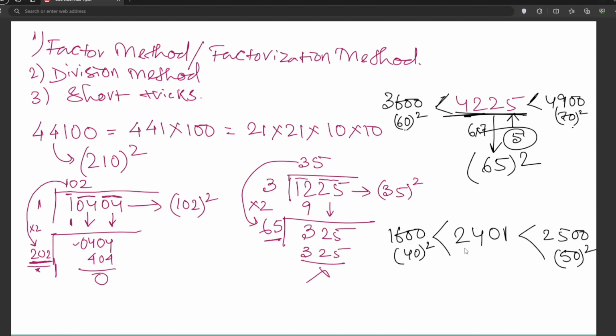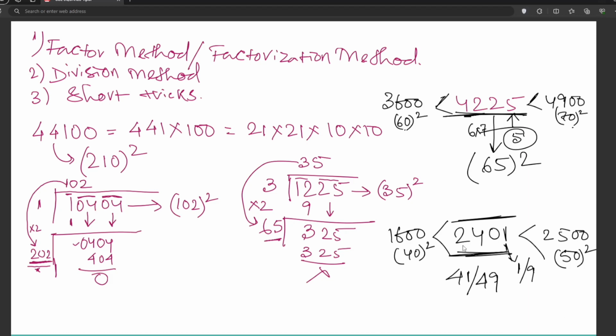So the square root of 2401 lies between 40 and 50. Now here the unit digit is 1. If the unit digit of the number is 1 or 9, then the square will end in 1. So this number should be 41 or 49.